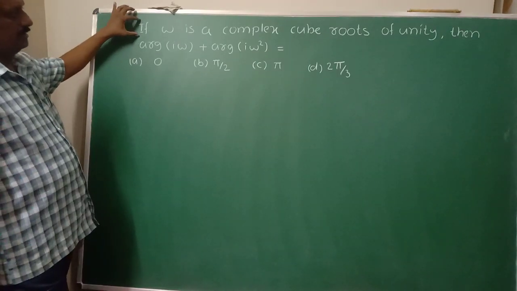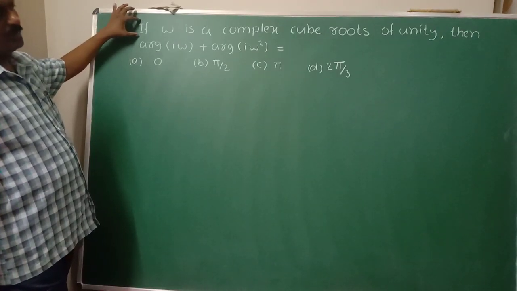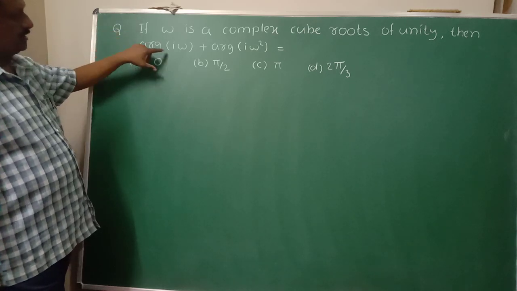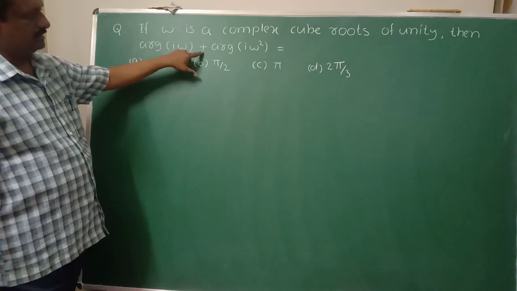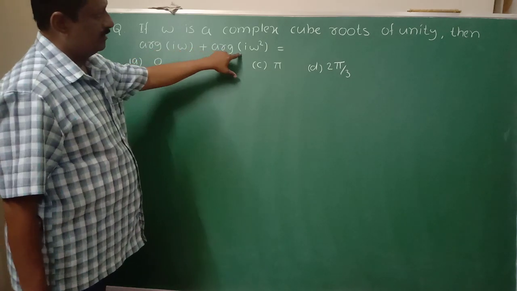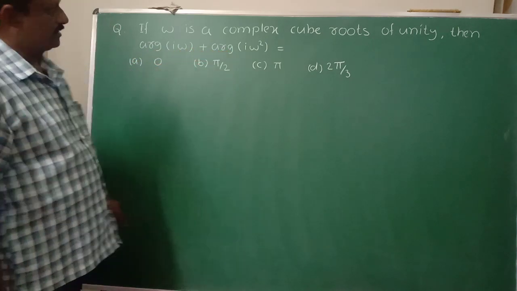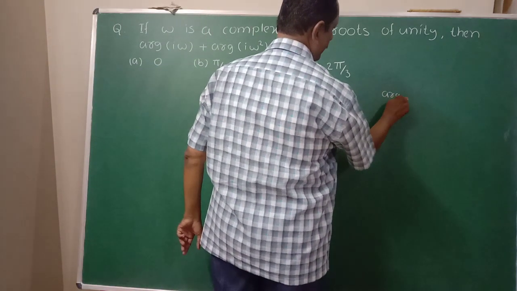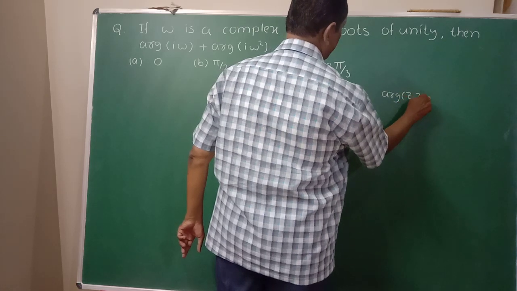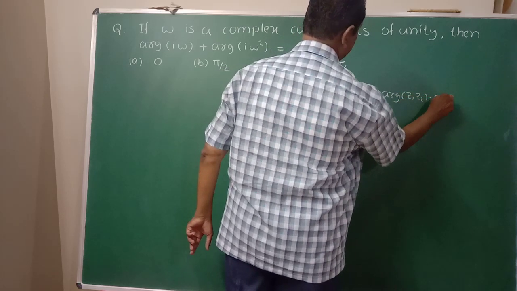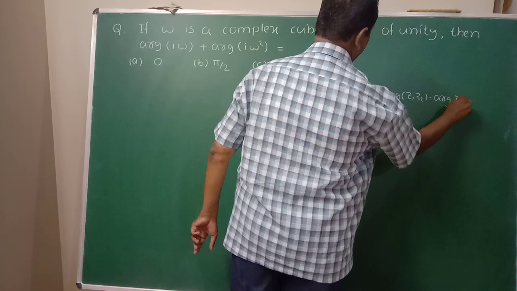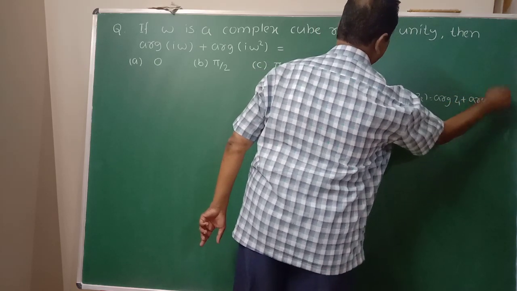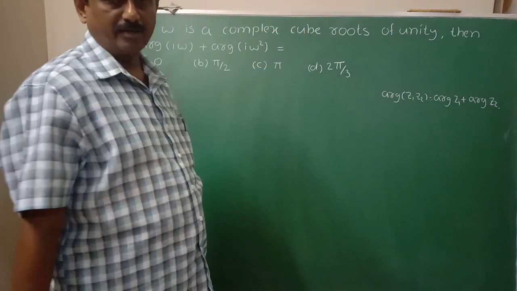So if omega is a complex cube root of unity, then argument of i omega plus argument of i omega square is equal to what? So you know that argument of z1 into z2 is argument of z1 plus argument of z2. This is a formula.